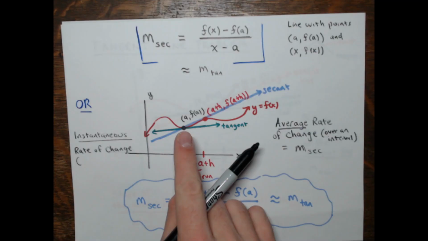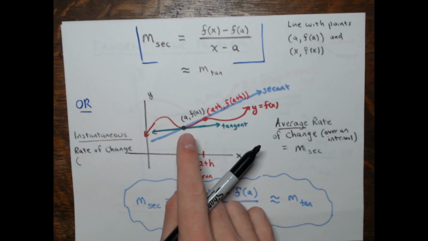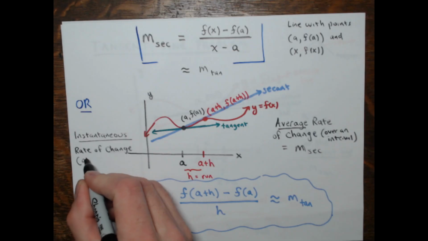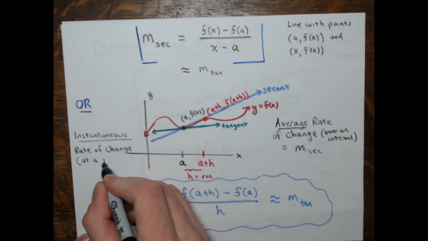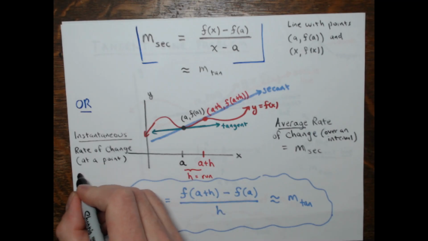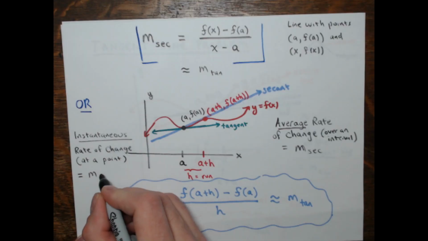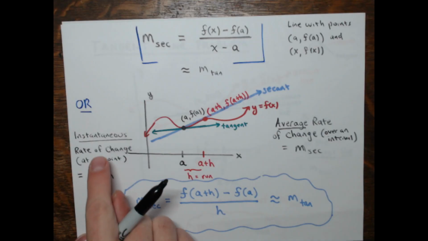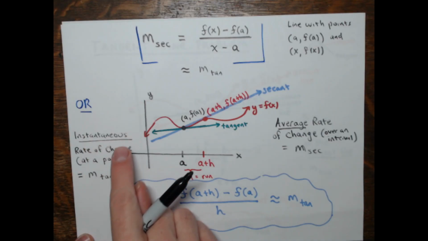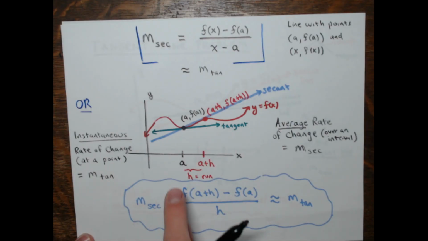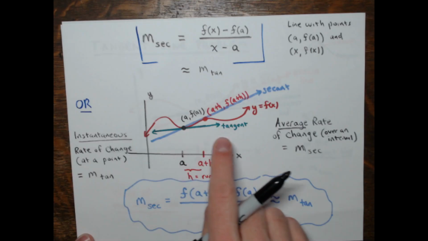Where is the curve moving at a particular point? How much is y changing when compared to x at a particular point? So this is at a point, right? At a single point, at a single value. And this is the slope of your tangent line, all right? So when you see the word instantaneous come up, think slope of tangent at a single point.